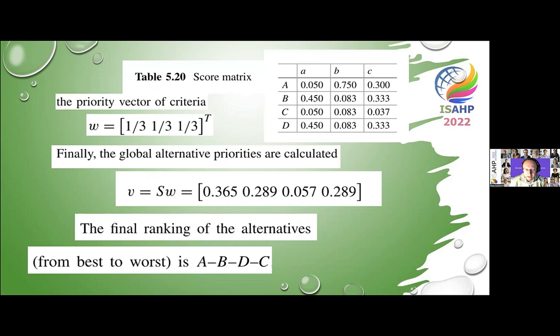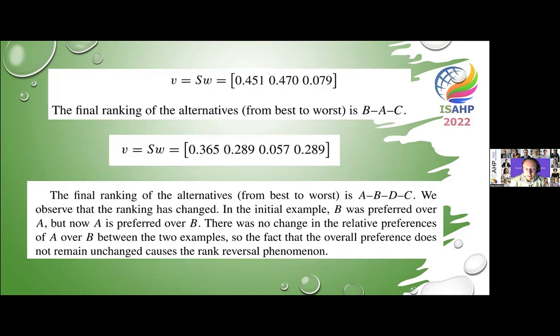At the beginning we had the final ranking BAC, and with the introduction of the 4th alternative, we have ABDC or ADBC, because B and D in this model are actually ranked the same.